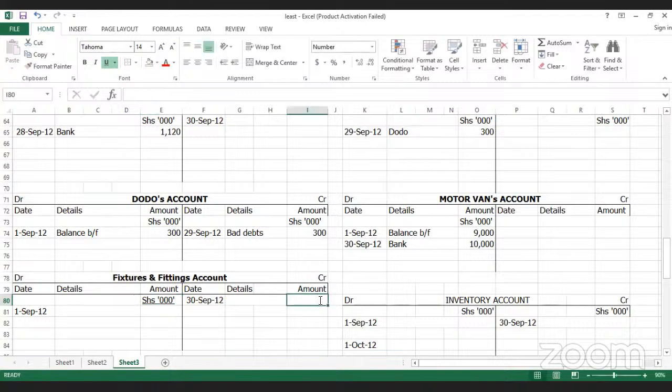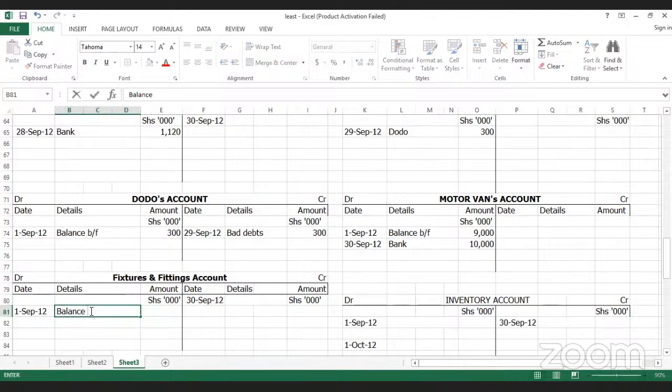It's 12,000. Fixtures and fittings is an asset, so assets have a normal debit balance brought forward.